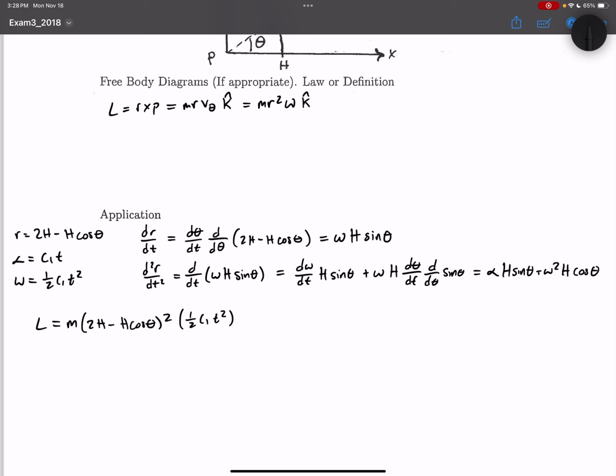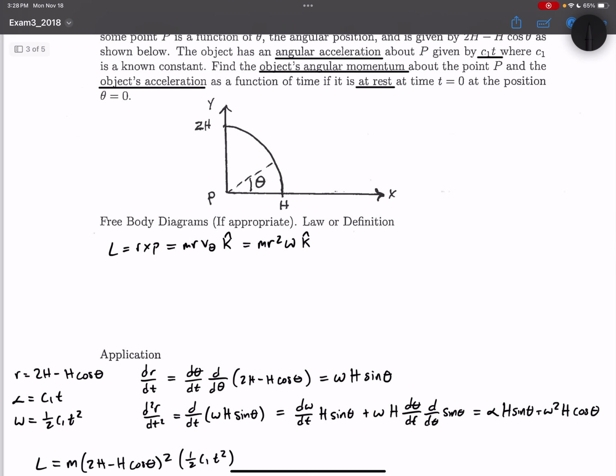Right? Okay, cool. That should be correct for angular momentum. And if we draw a free body diagram, this thing is moving this way. So if we look at it from behind, it's going to have a gravity acting down on it, a normal force going this way.